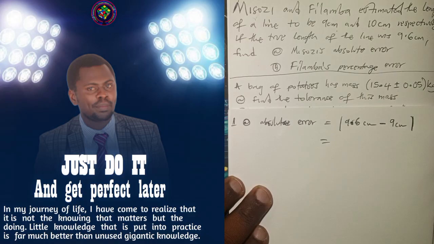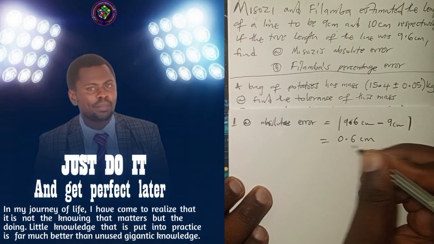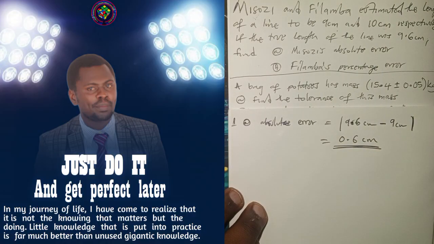So the difference of 9.6 and 9 is 0.6 centimeters. That is Missos's absolute error.